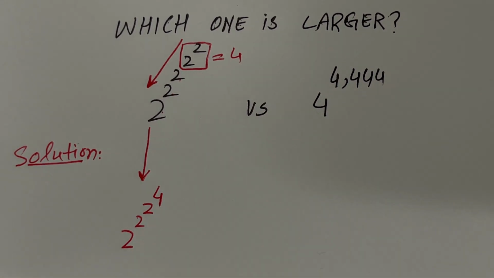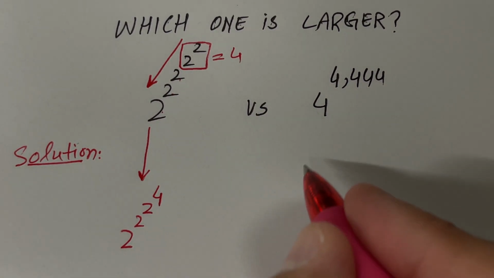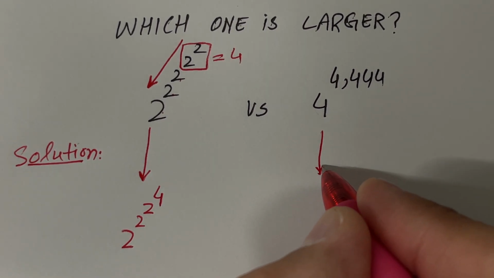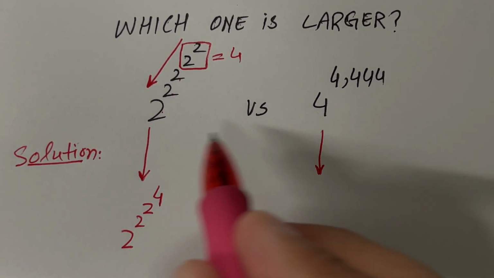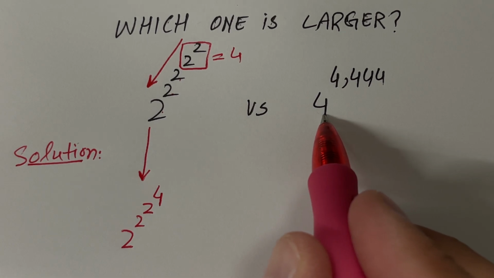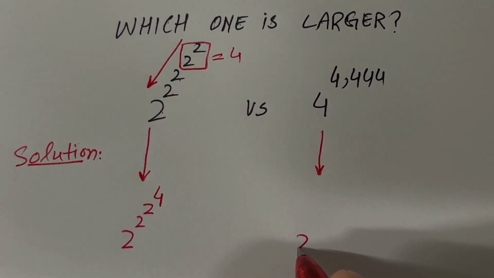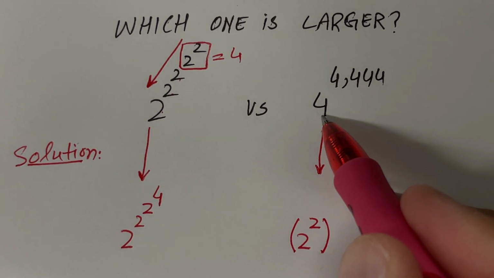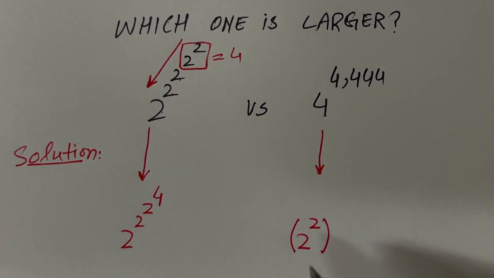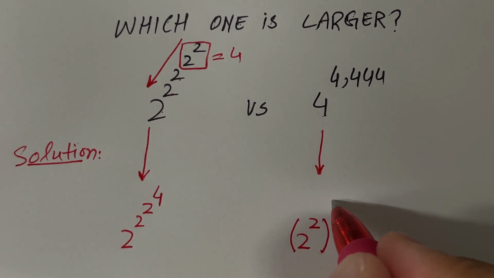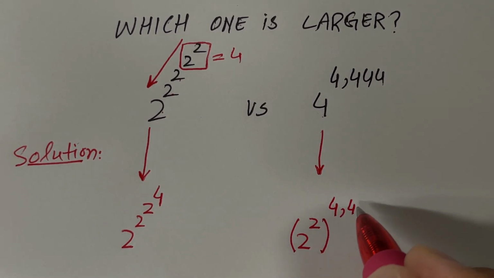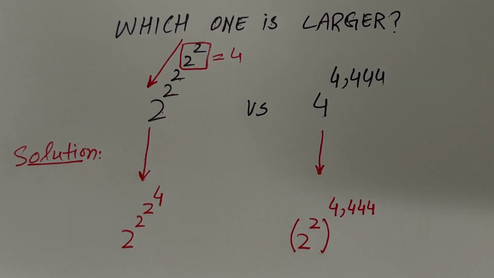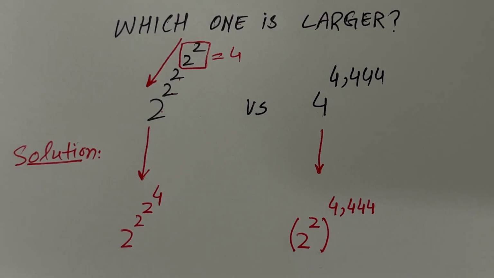On the right hand side I want to convert this number to base 2, and therefore I can write the 4 as 2 raised to the power 2, and then on top of it we have 4444, this number as it is. Okay, so far so good.